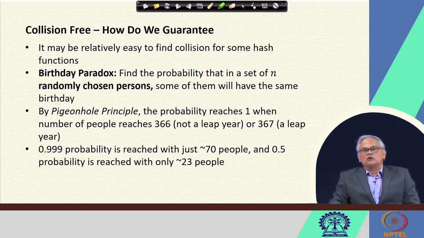Of course, that is quite obvious, but it can be shown that even with only 70 people, the probability of two persons having the same birthday reaches 0.999, and even with only 23 people it reaches a probability of 0.5. That means, although it might appear that you would need a large number of persons to reach a very high probability, it is not actually so. Even for a smaller number of people, you could reach that probability very quickly.